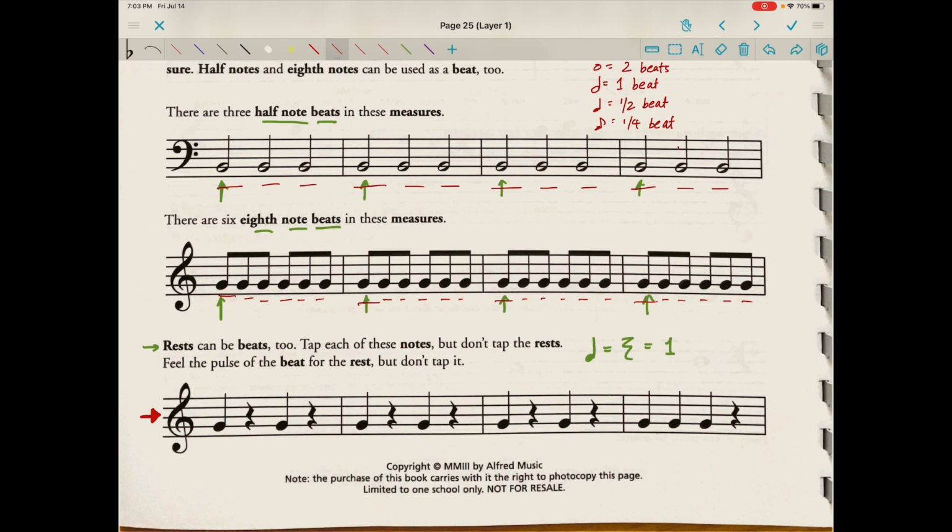So for the notes, we'll say ba, and for the rest we see, we're just silent. 1, 2, ready, clap. 1, 2, 3, 4. 1, 2, ready, speak. Ba, ba, ba, ba, ba, ba, ba, ba, ba.